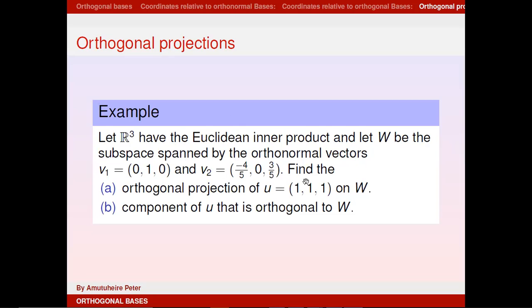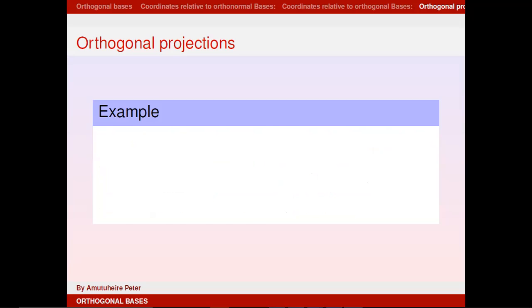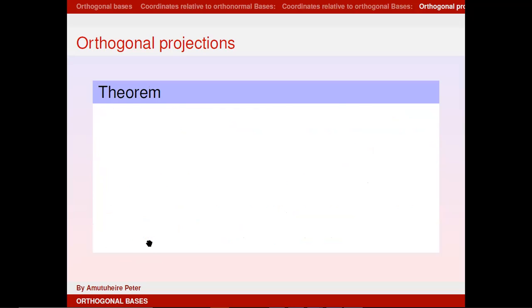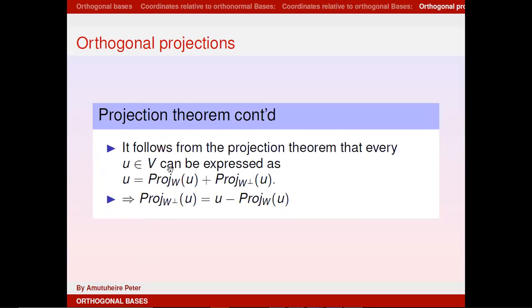We want to find the projection of U, which is this, on W. And then we also want to find the component of U that is orthogonal to W. In other words, in this example, we want to compute this guy, and then after that, we'll compute this guy.